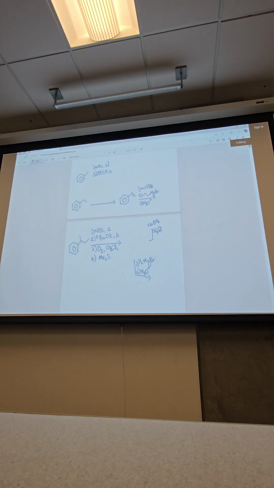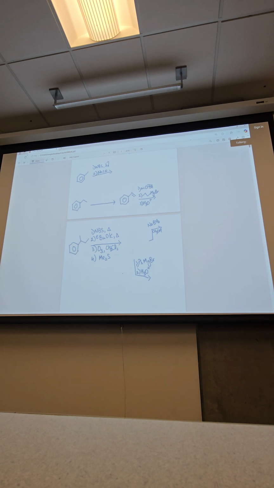Then tert-butoxide and heat. MCPBA results in an epoxide. Let's see, do we have the same?